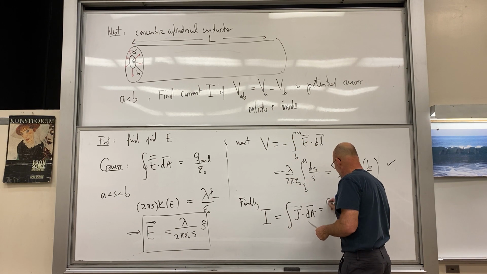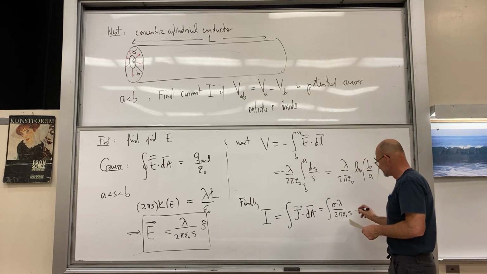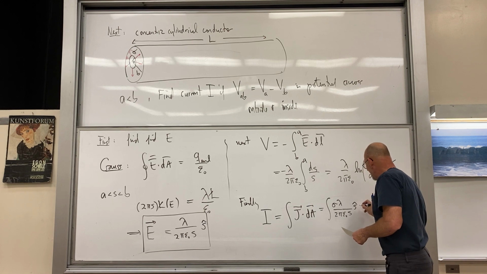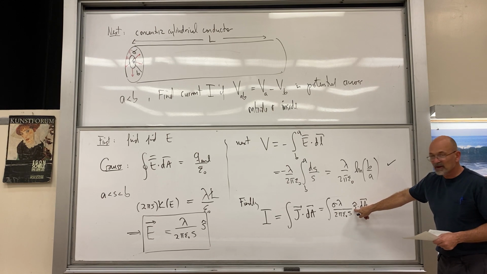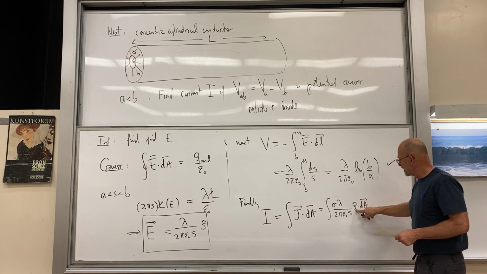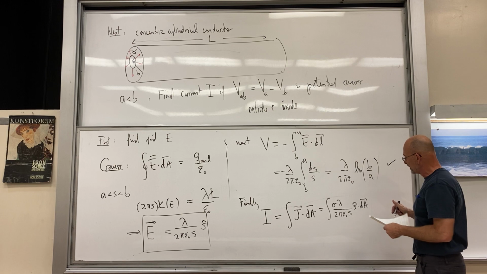We've got on the one hand sigma times lambda over 2 pi epsilon naught S. Now the S hat dA, because these two are parallel, we're just going to get S times the circumference times the dL and the width. Okay.